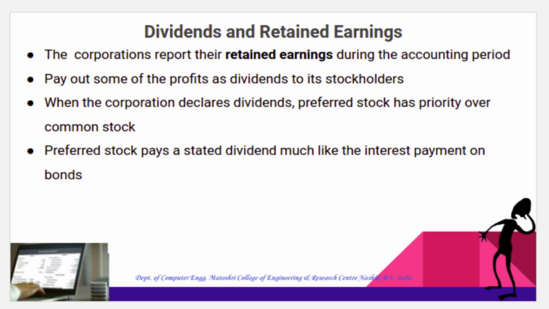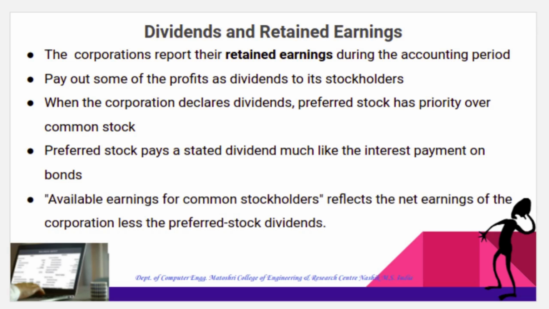However, many corporations view the dividend payment to preferred stockholders as a liability. Therefore, the term available earnings for common stockholders reflects the net earnings of the corporation less the preferred stock dividends.